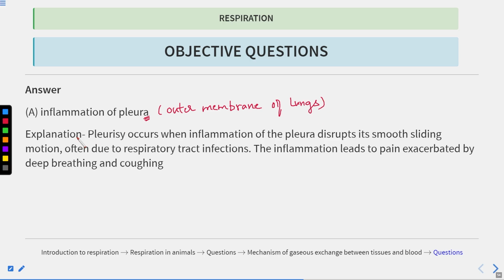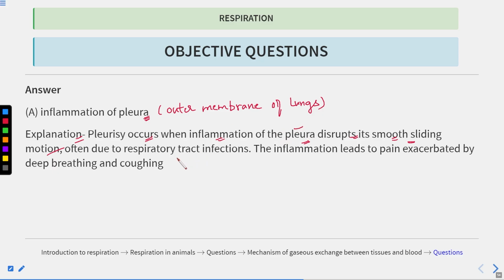Now the explanation. Pleurisy occurs when inflammation of the pleura disrupts its smooth sliding motion. So because of the inflammation of the pleura, what happens? The sliding of the pleural membranes is disrupted.